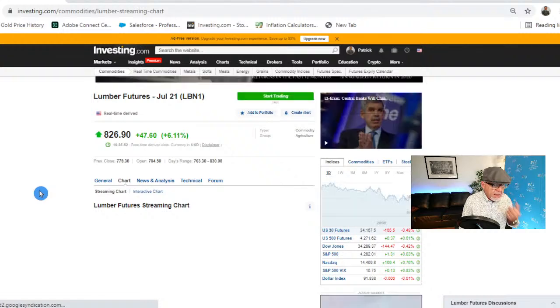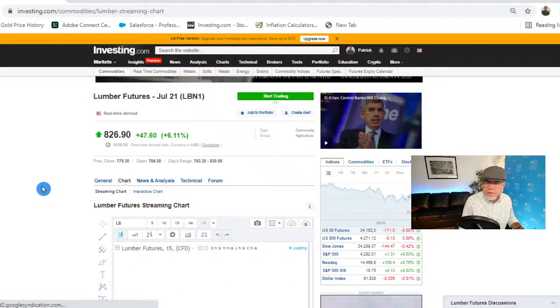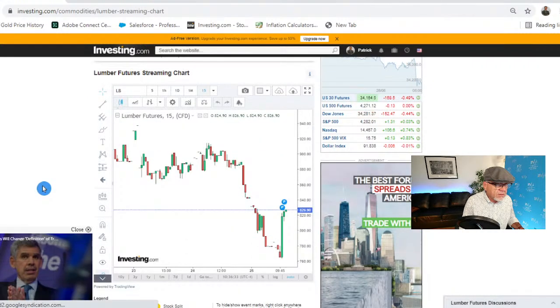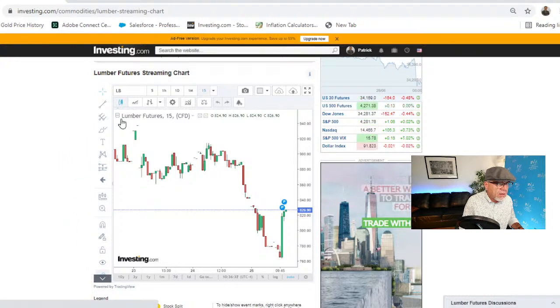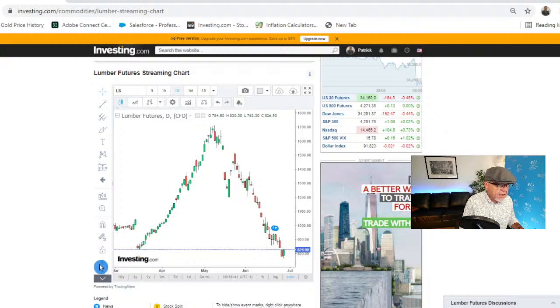And so what we're looking at is, is this the bottom of lumber? It definitely has collapsed, as you can see, giving up almost all the gains that it made since March.